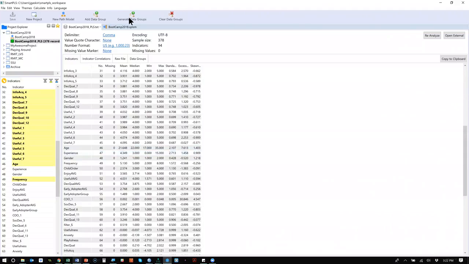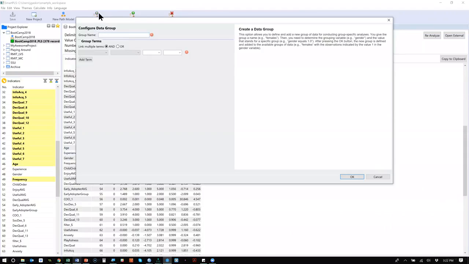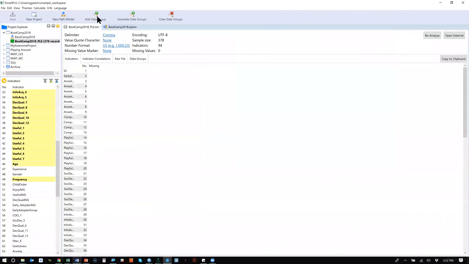Check this out. I'm going to add a data group manually, call it low frequency. And I'm going to say, well, for frequency, it's got to be lower than 3. And then lower than 3, hit OK. And then I add another data group.